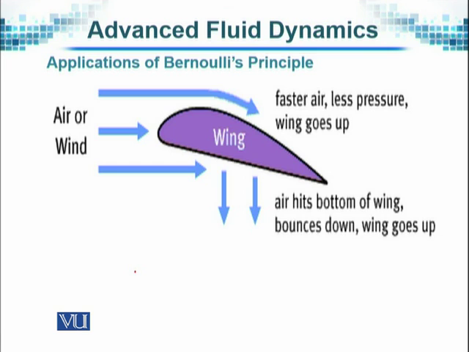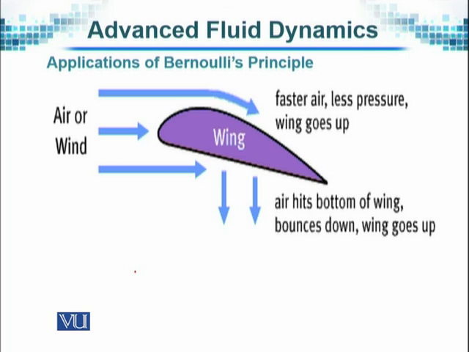As the wind moves from left to right with a certain speed, let's say V, it attacks this body at three places: at the center, on the top, and at the bottom. And three different effects take place.